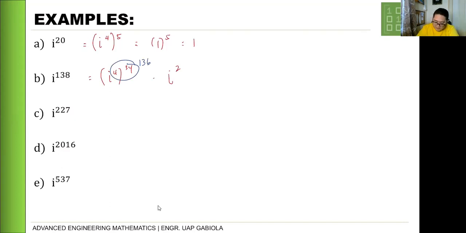Okay? So, kung meron na tayo niyan, yung first term natin will be 1 raised to 34. And then yung i squared natin will be equals to negative 1. So this will be 1 times negative 1, so i raised to 138 will be equals to negative 1. You can check that out dun sa calculator din natin, no? To verify. Pero kailangan naka-imaginary or naka-complex i tayo. Okay? So later ko na lang papakita yun.